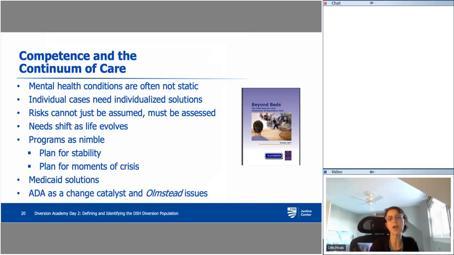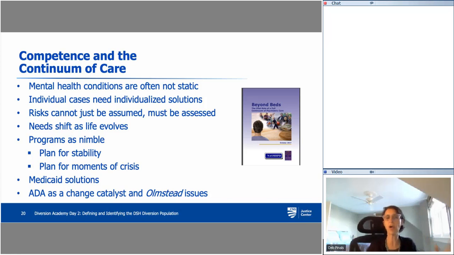It's really important to think about the population that we're addressing. Again, these are individuals with some type of mental health condition broadly defined. It might be serious mental illness, bipolar disorder, schizophrenia, schizoaffective disorder. That's probably the most common.